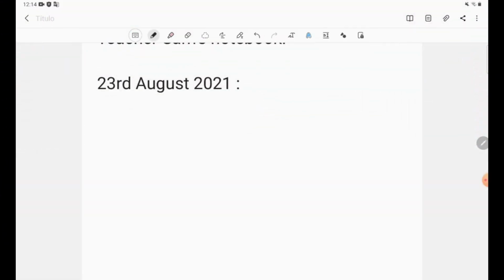Okay, and we are learning about reciprocals on page number 70. So open your book, please. Page number 70. Okay, what is a reciprocal?